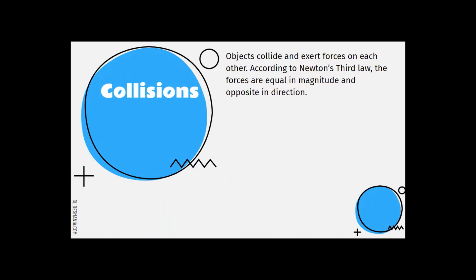So remember, we had Newton's third law, which says for every action, there's an equal and opposite reaction. So when two objects collide, the force of object 1 on object 2 is going to be equal and opposite in magnitude to the force of object 2 on object 1. So we get this equation right here. Again, the force of B on A is equal to the negative of the force of A on B.